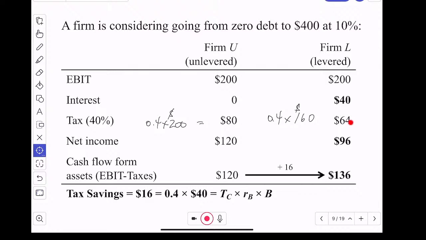So taxes are lower for the levered firm. How does this play out? So the net income here is 96, and the net income here is 120. So that does look like this is still higher, but no, there's a tax shield here of $16 that needs to go in our cash flow analysis.